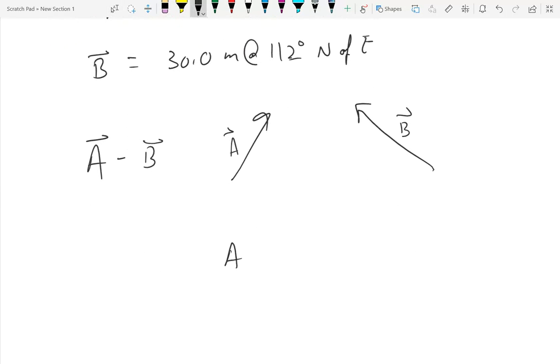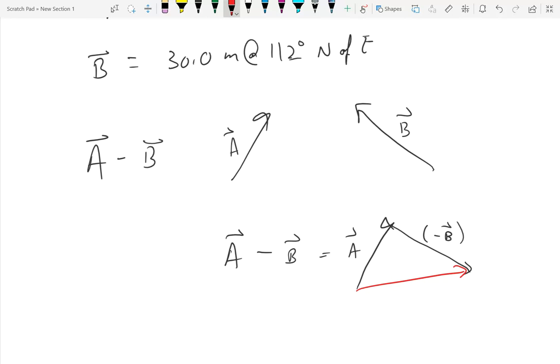And so A minus B is going to be A, and then I put, so I did the A vector plus the negative B vector. I just reversed the direction of B and then added it as normal. And so my resultant is like this.